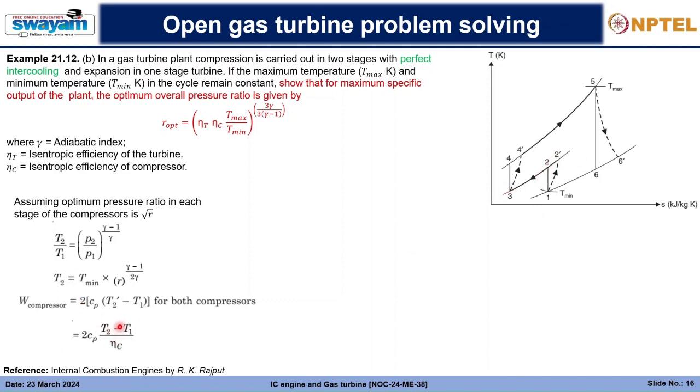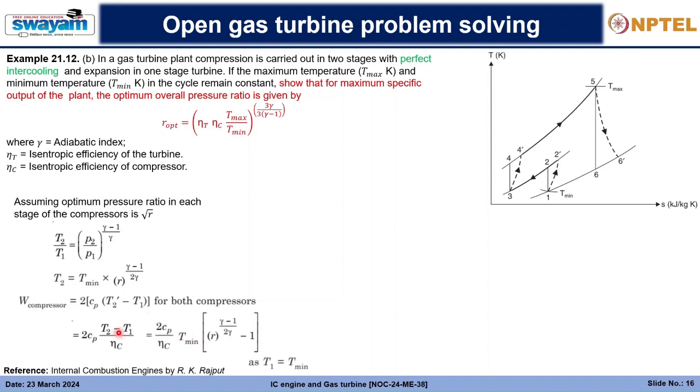So that will be higher compared to T2 minus T1, as we divide by a lower quantity. So that makes sense. And why 2? Because the work done would be the same for both compressors, since the efficiency associated with both compressors is the same and the pressure ratio is the same. That's why it is simply 2 times that.